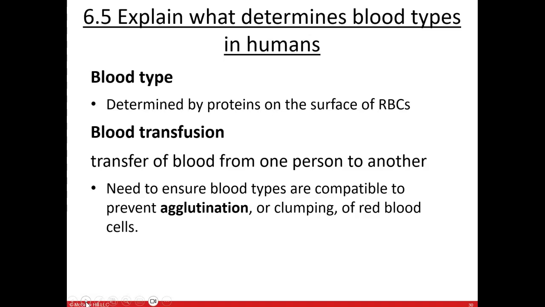To ensure blood types are compatible, you have to prevent agglutination, or clumping, of red blood cells. Otherwise the blood can clump inside of the person and cause very serious, potentially fatal consequences.